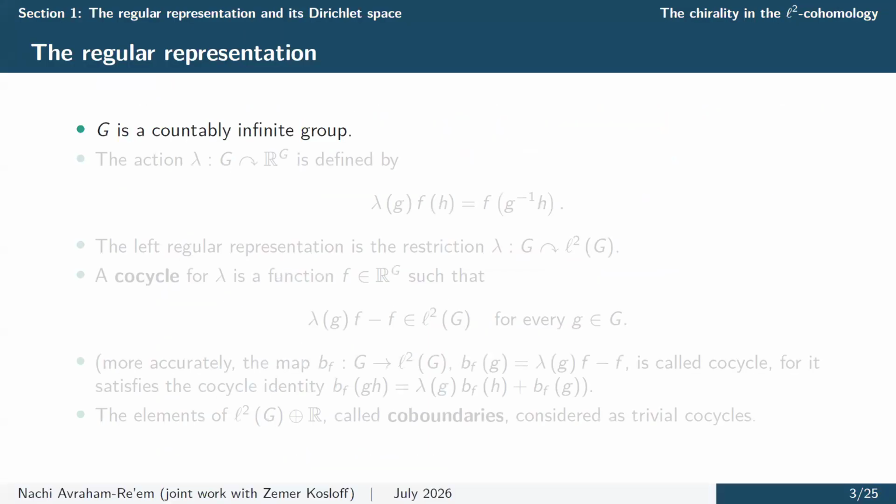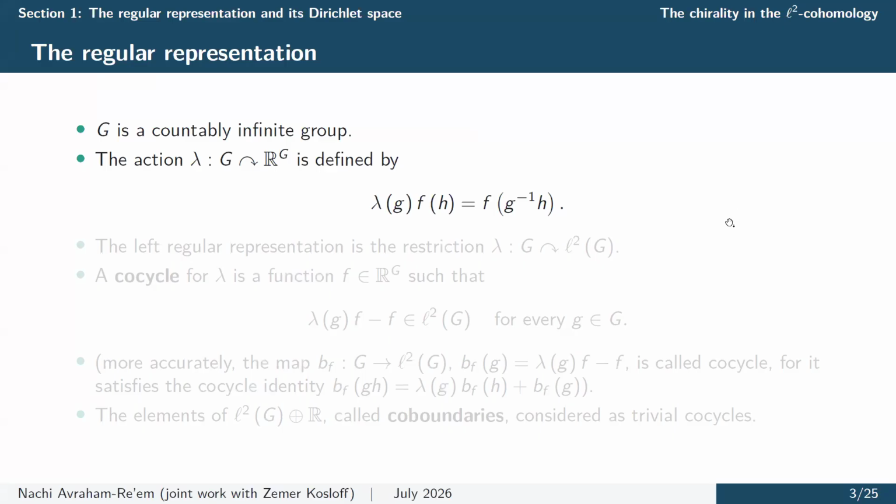So let G be a countable group. We typically assume it's infinite. That will always be the case in this talk. That's what G stands for. And whenever we have such a group, we can consider the action of G on the vector space R to the G, which is given by translating the argument of the function from the left.